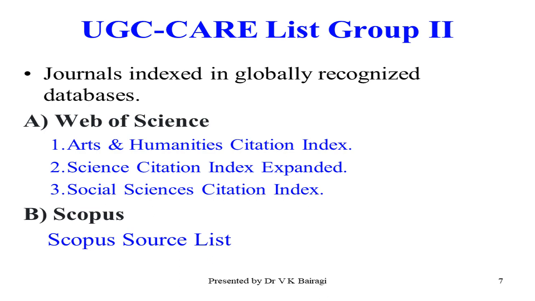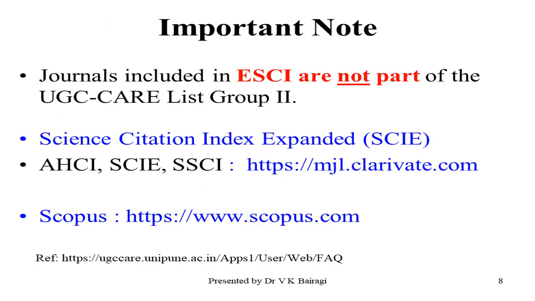The Group 2 journals consist of journals indexed in globally recognized databases, which include Web of Science and Scopus. Note that ESCI listed journals, even though they are part of the Web of Science database, are not part of the UGC CARE list.